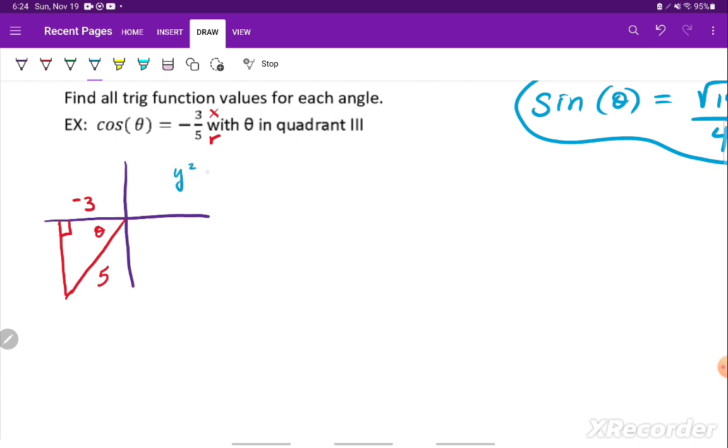So y squared plus negative 3 squared is going to be equal to 5 squared. So that's y squared plus 9 equals 25. Y squared is equal to 16. And then we'll take the square root and get y to be equal to 4.